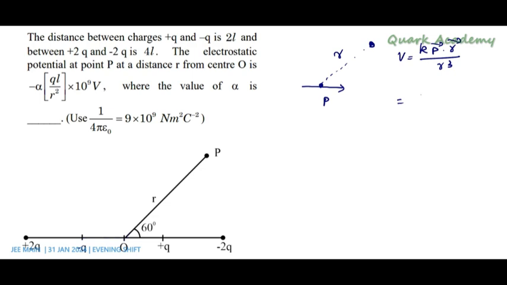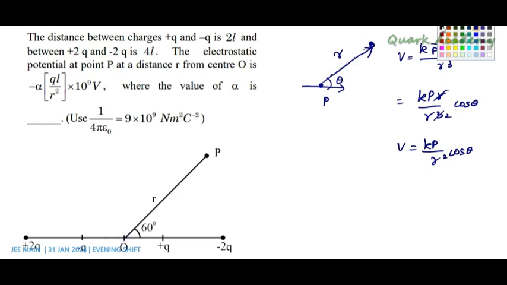If I expand it, it becomes K P R cos theta divided by R cube, so K P cos theta by R squared. Of course, here the r vector direction is like this. It connects the origin and the point where we want to find the electric potential. This will be the theta.